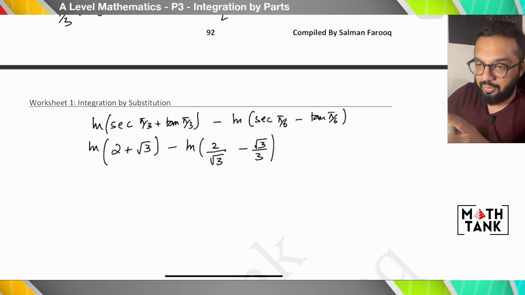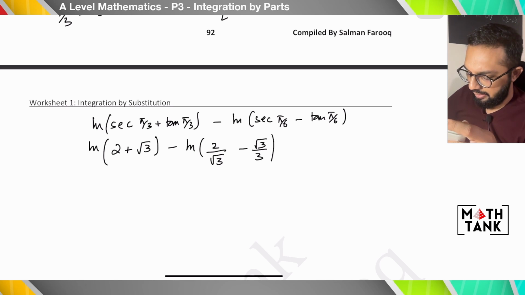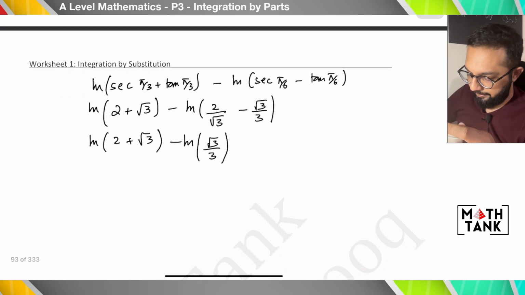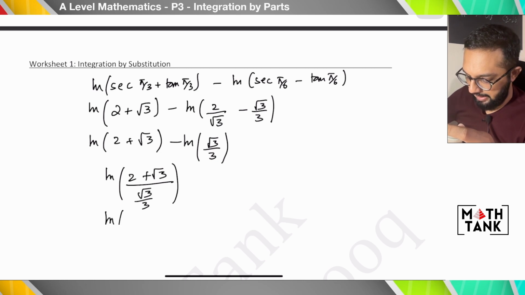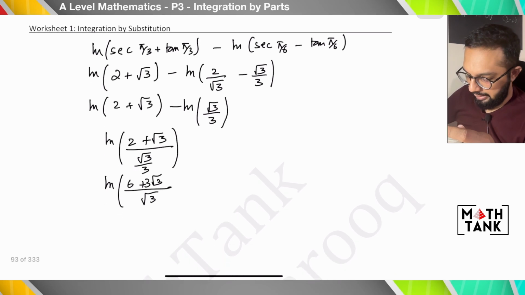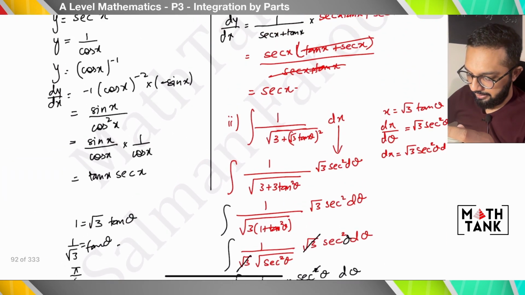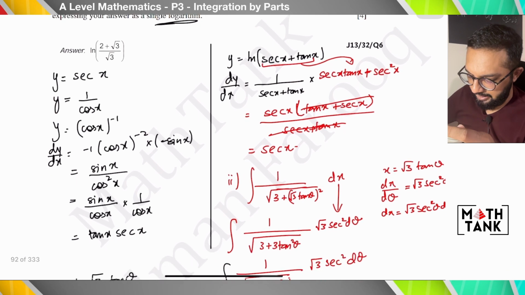Root 3 over 3, I can also do it manually, but I'd rather not play with that right now, and say that this becomes ln root 3 over 3, and this is ln 2 plus root 3. Okay, then it's just ln of 2 plus root 3 divided by root 3 over 3. So that gives me ln of 3 into 2 plus root 3 over root 3, because I reversed the denominator. Okay, and then if I were to put that on a calculator, I think that would give me the correct answer.